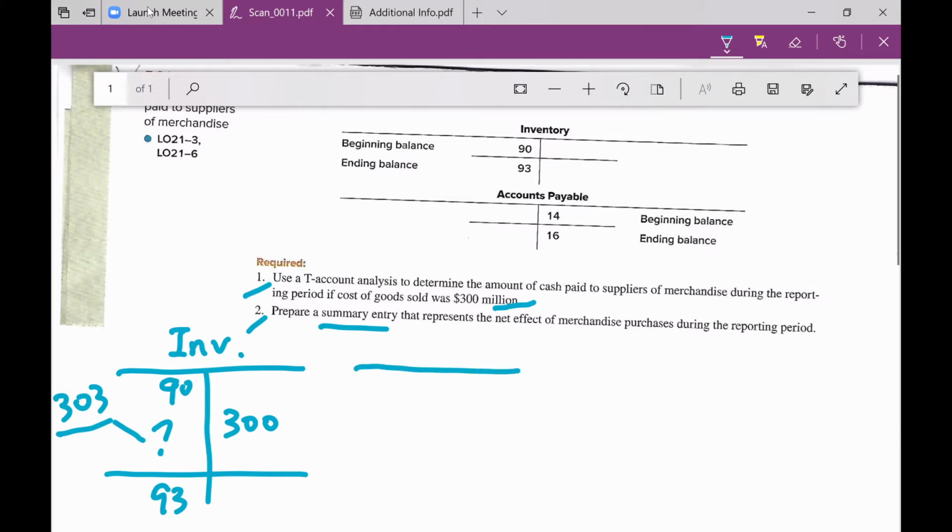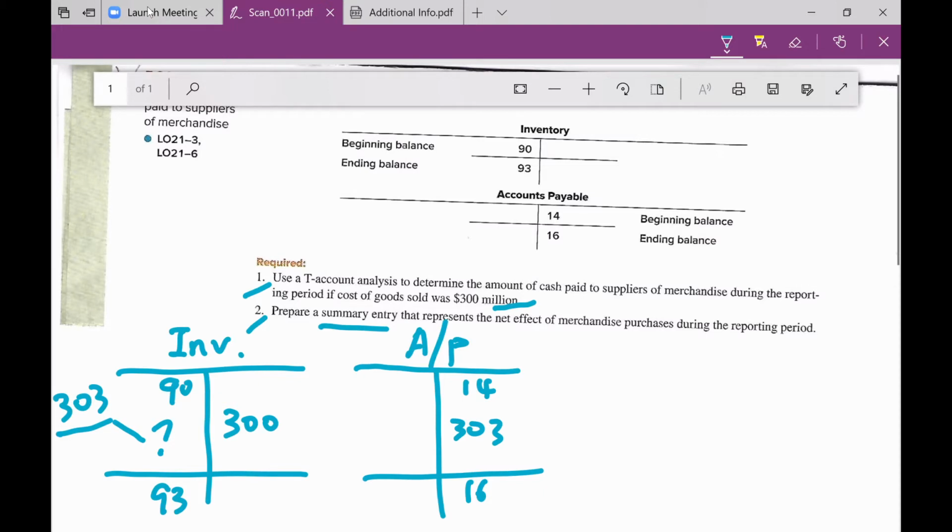When you purchase inventory, we debit inventory for 303 and credit accounts payable for 303. Accounts payable at the beginning was 14, and by the end of the year was 16. We're trying to figure out the cash payment to suppliers. When you purchase inventory, you increase accounts payable.